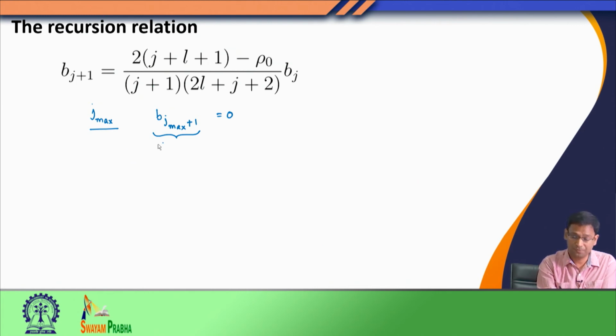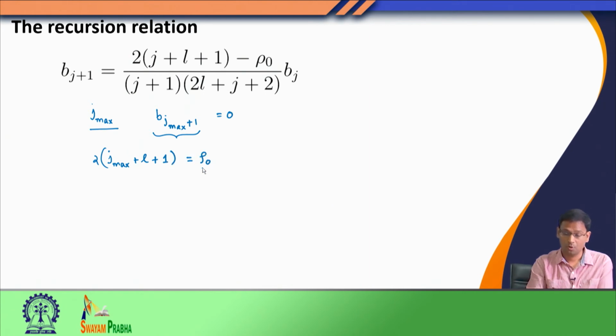This would be true only when I have j max plus l plus 1 equals rho 0 over 2. When this condition is satisfied, then b of j max plus 1 will become 0 and my power series would start truncating, or I will have only a finite number of terms in my power series expansion.